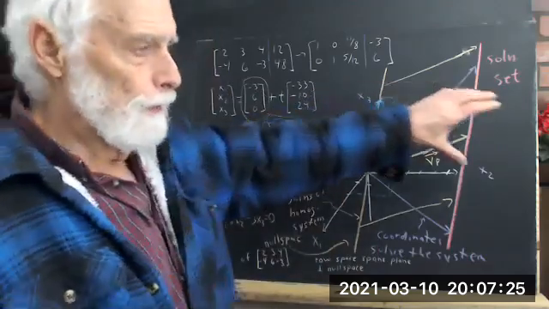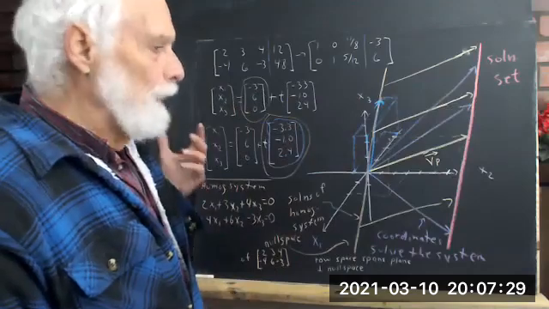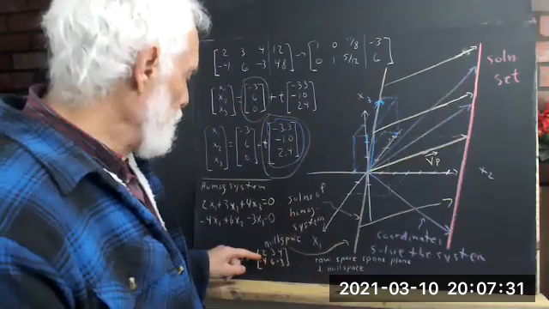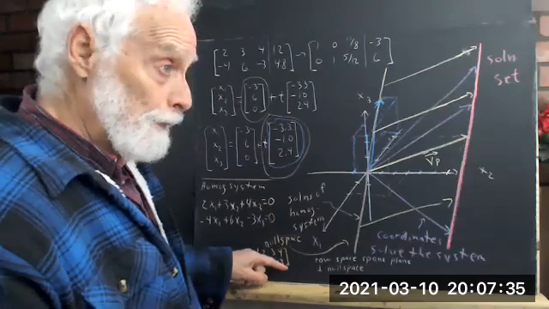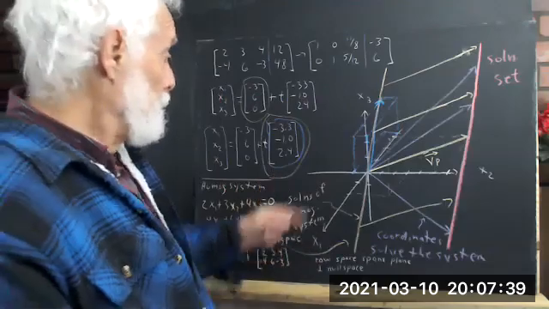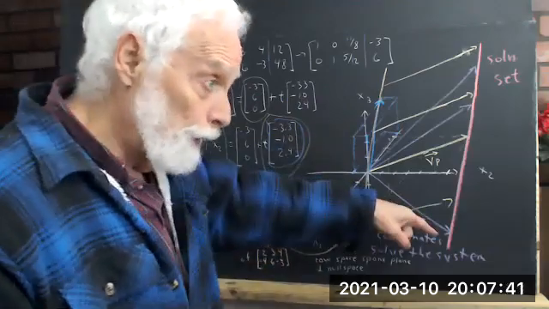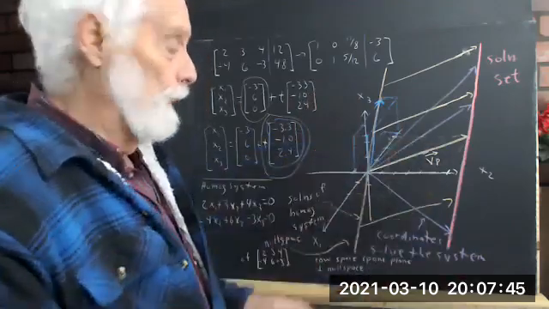There's a lot of structure to what goes on with these transformations. Then we can say that the row space, this vector and this vector have a span that's a plane. If this vector goes this way, that vector goes that way. You add multiples of this vector to multiples of that vector, you get a plane.